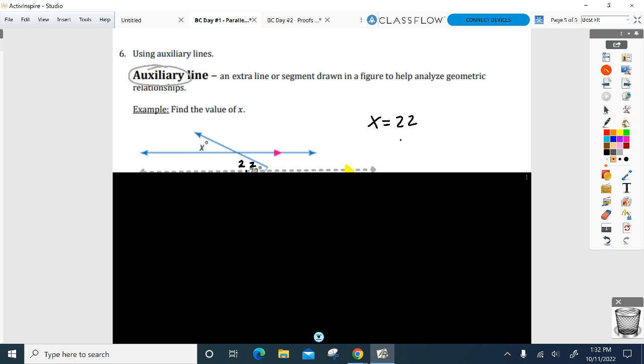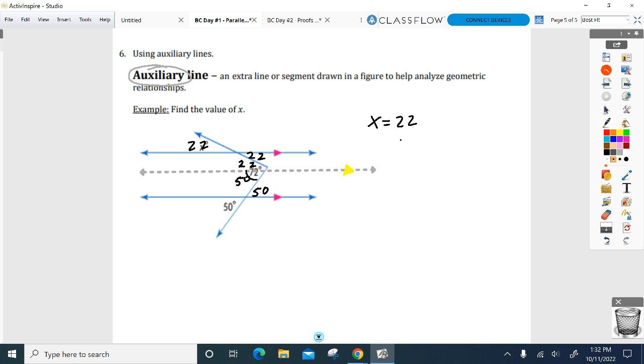Now look, maybe you go about it a different way. If that's 22, this is 22 because they're alternate interior. And then that 22 and the X are vertical. Another way we could get to it. But that is drawing in auxiliary lines to make your life a little bit easier, because you do not have any transversals until you draw in that auxiliary line.